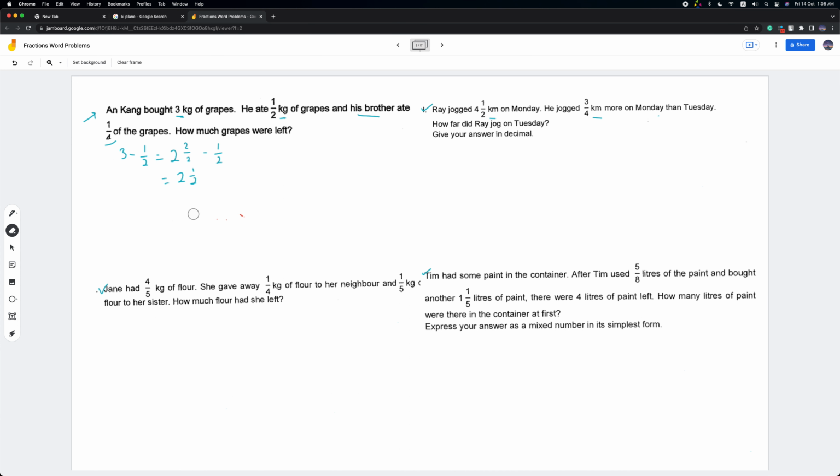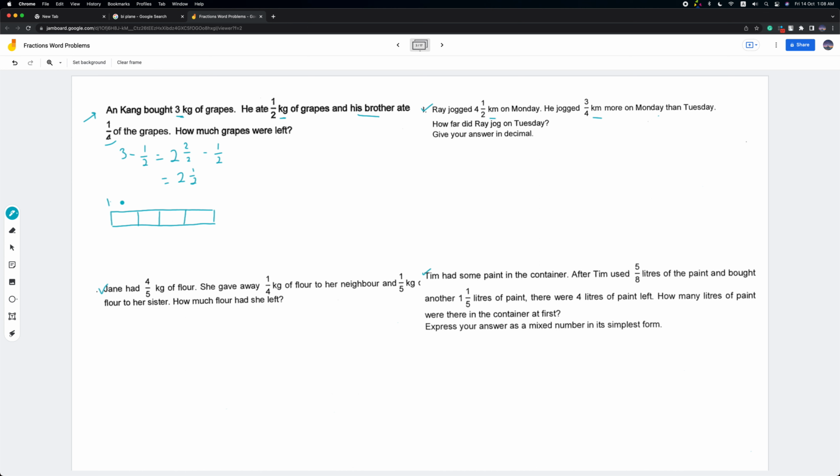Now, if we were to draw a model, you don't have to draw a model for this, but in case you were to draw a model, this is what it looks like. Again, a model is not compulsory. It's good if you can't visualize the question, but if you can visualize the question, there's no need for you to draw the models.